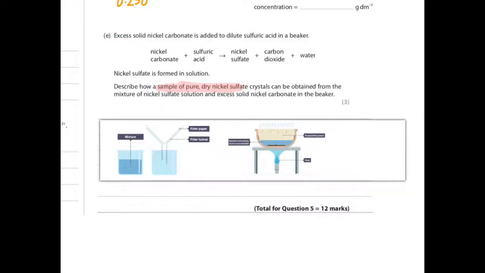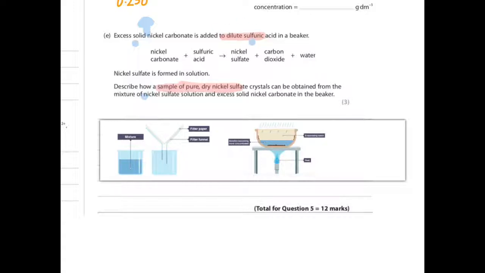So in other words, you'll have kind of the Goldilocks amount of this. You'll have the perfect amount of sulfuric acid in the reaction, but you'll have too much solid nickel carbonate. So what you're going to end up with is a mixture of nickel sulfate, which is what you produce when you react these two together, and extra nickel carbonate, which hasn't reacted because the acid ran out.